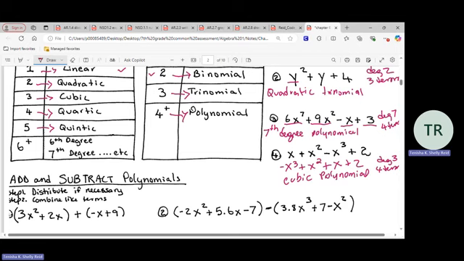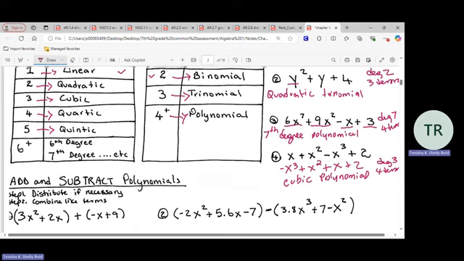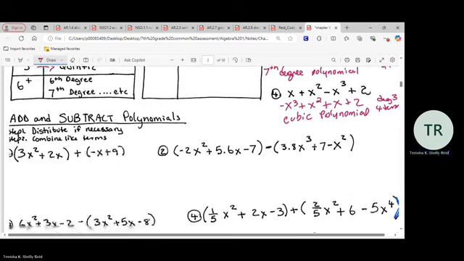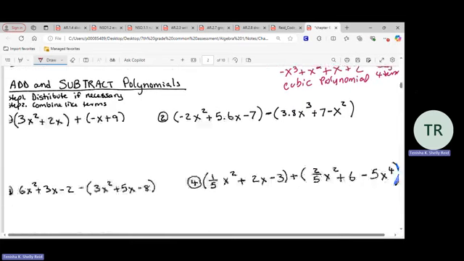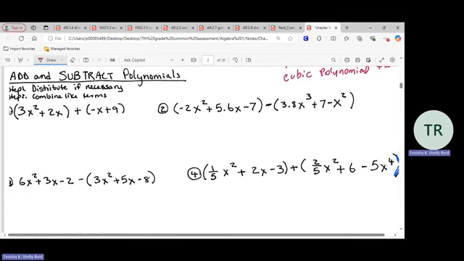So now let's go ahead and add and subtract now that we've done all the vocabulary. When we are adding and subtracting polynomials, we distribute the sign and then we pretty much are combining like terms. Right? So here we have a positive in front of that parentheses. So we technically just have 3x squared plus 2x.